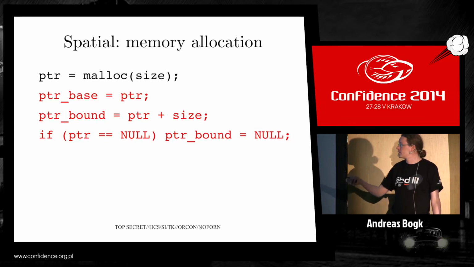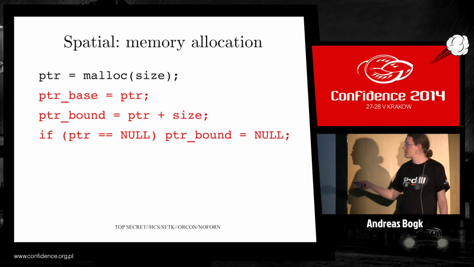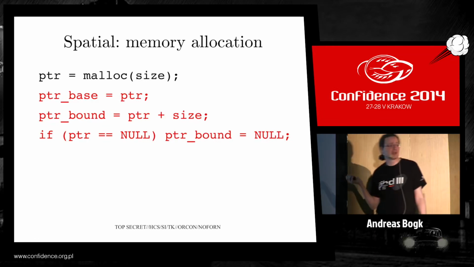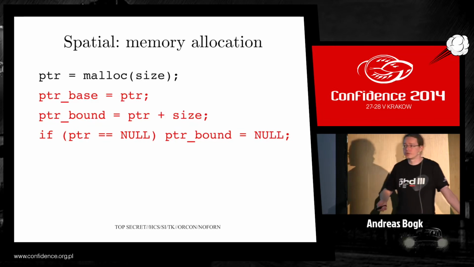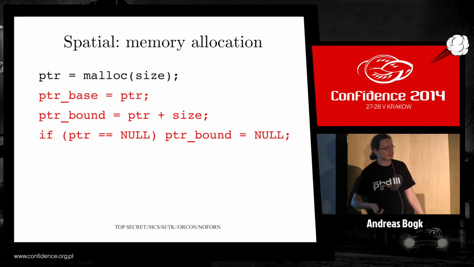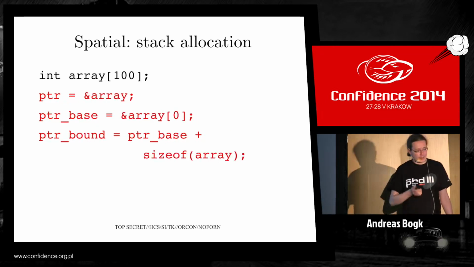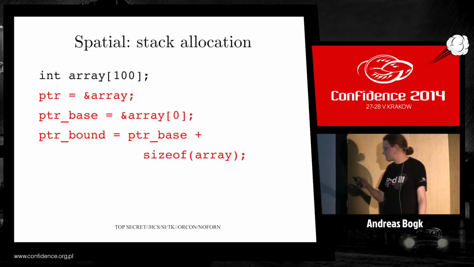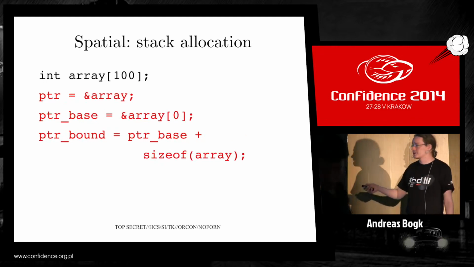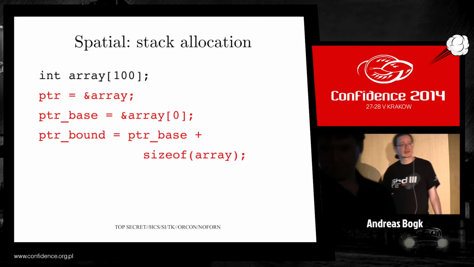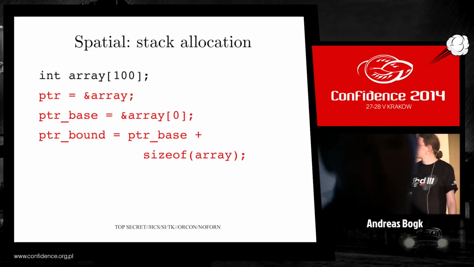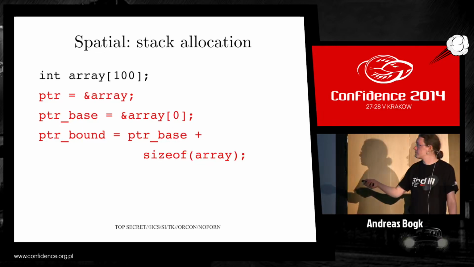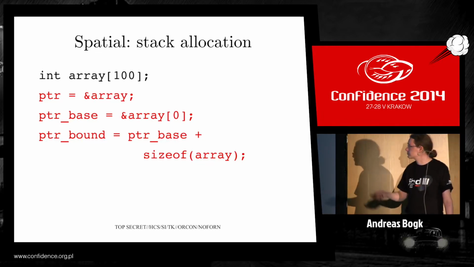And if malloc failed, we make sure that our bound value is also 0, so we can fail when somebody is trying to access a null pointer without having a check before. You can allocate objects on the stack as well. If you do that, in the function prologue that's emitted for the function, the base and the bound are initialized to the addresses on the stack.